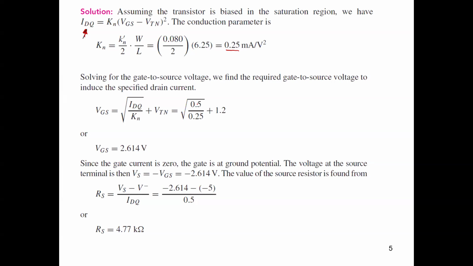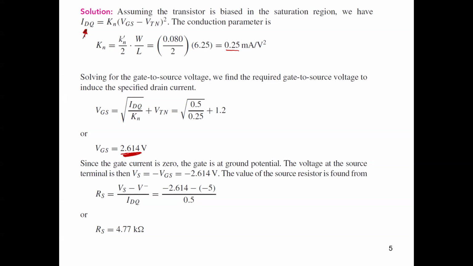So this is now the square root of 0.5 divided by 0.25, the Kn, plus 1.2 volt, VTN. So we got VGS equal 2.614.